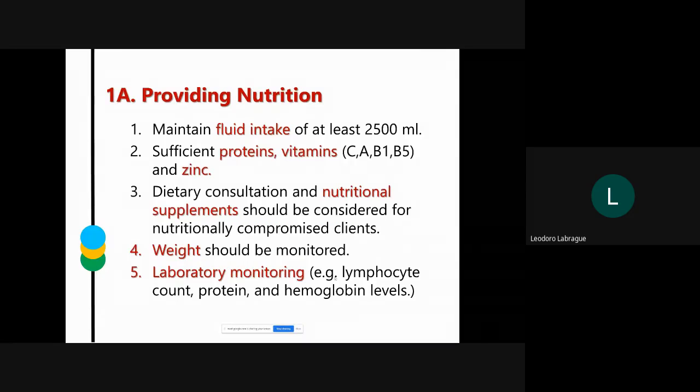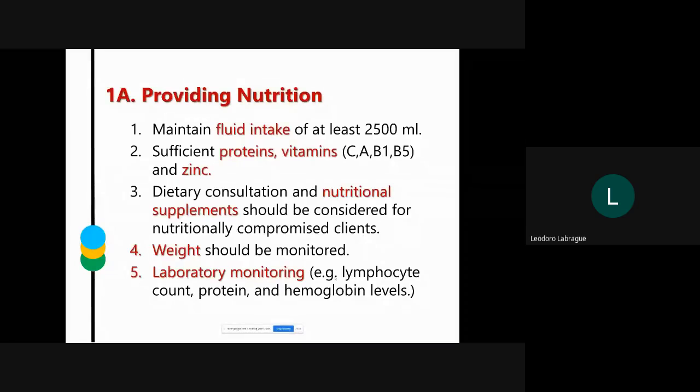Okay, as mentioned in our first session with regards to skin integrity and wound care, one of the most important factors that influence skin integrity is nutrition. We mentioned that vitamins, minerals, and proteins are very important for recovery of our cells, of our muscles. Aside from those, it is also important to have an adequate fluid intake, at least 2,500, to keep the skin well hydrated.